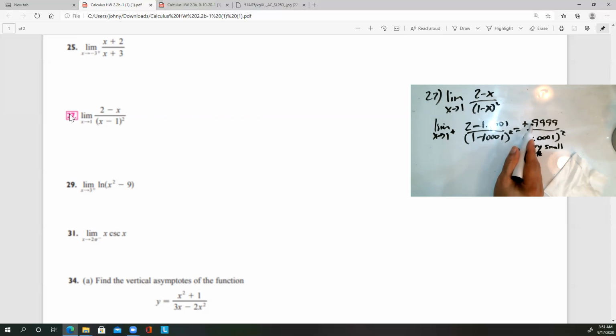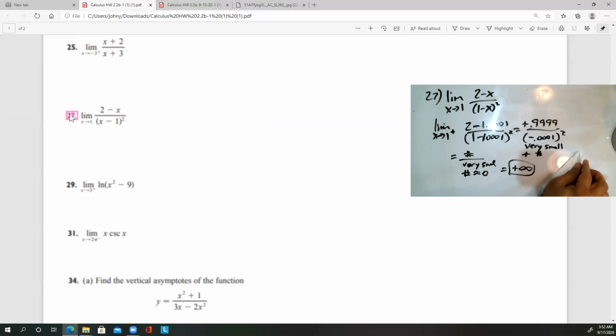So what's a positive number divided by a very, very small positive number close to 0? A number divided by a very small number close to 0 is going to be a very large number, which is approaching positive infinity.